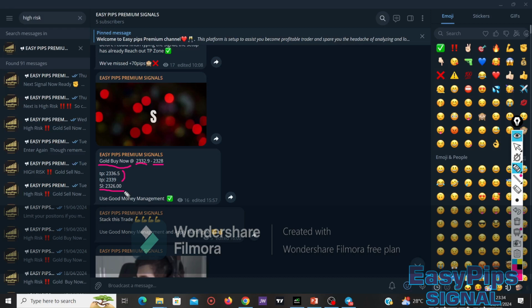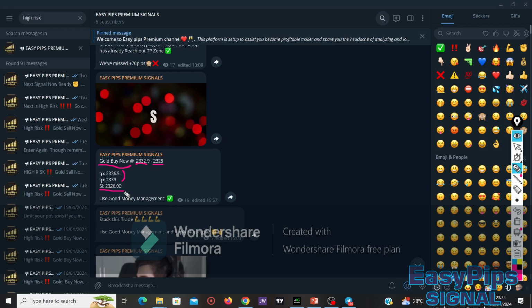Now when you're having a trade at 2332.9 and 2328, the values in themselves are telling you what you have to do. You have to buy. The trade call is to buy, and the take profit values are above your entry price. So whenever your take profit value is above your entry price, of course you know that it is a buy execution.